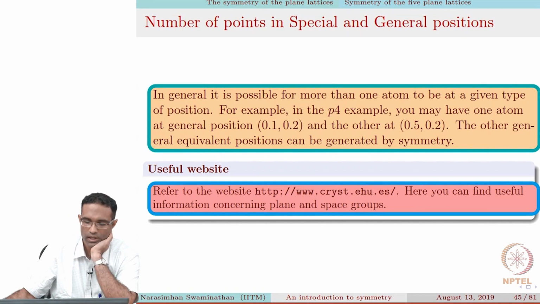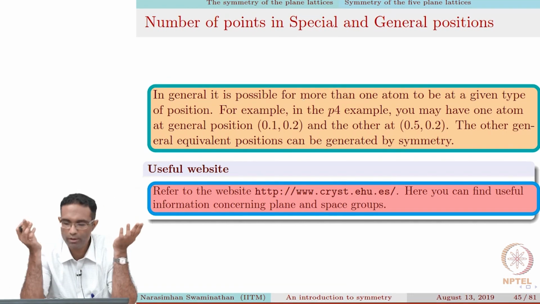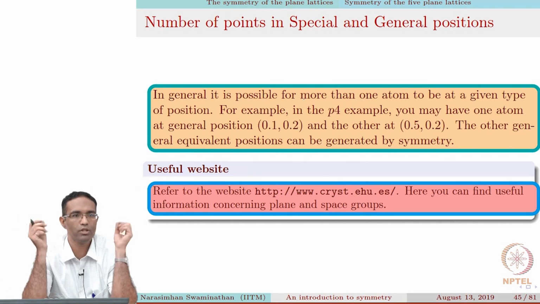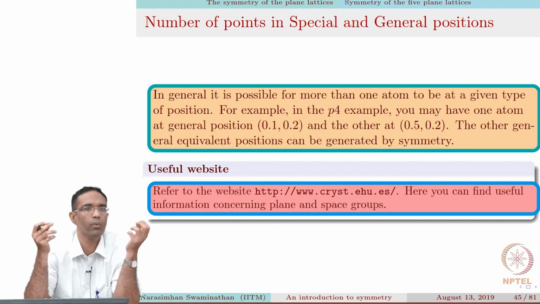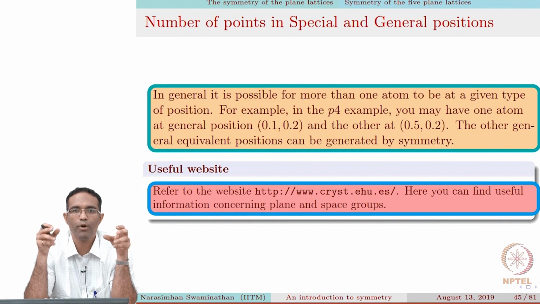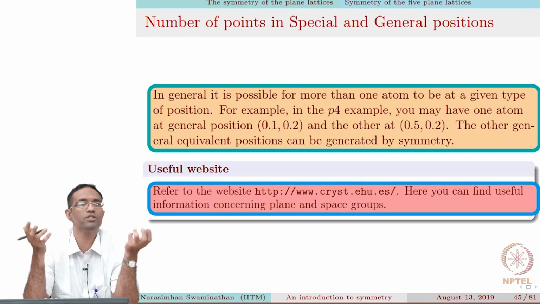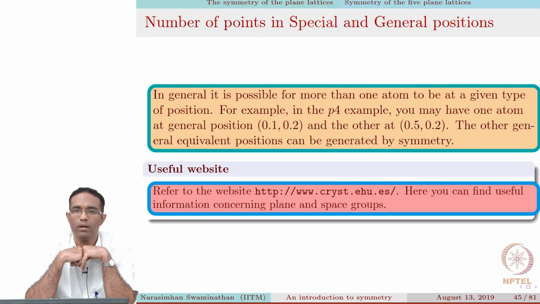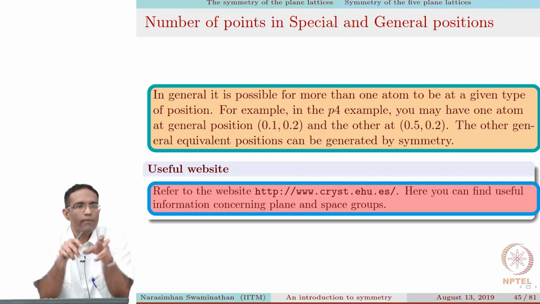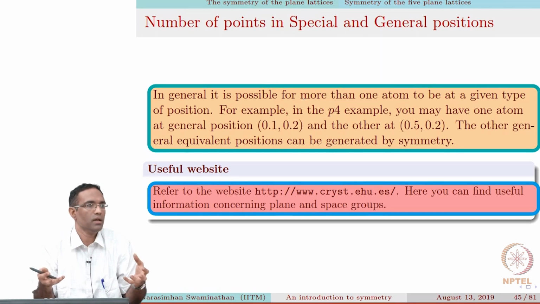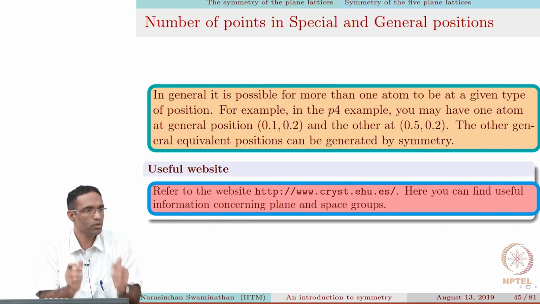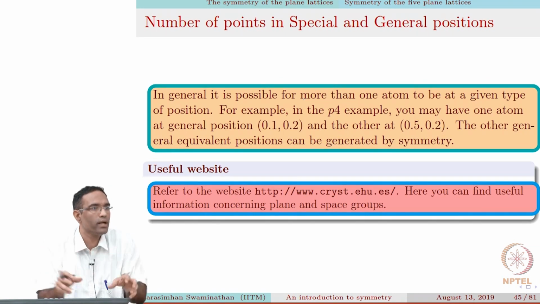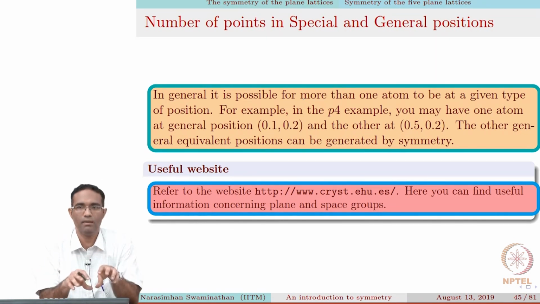So another important point is that in general it is possible for more than one atom to be located at a general point. For example, in P4 you could have one general point at 0.2, 0.3, and another general point located at 0.1, 0.2, and you have to apply all the symmetry operators appropriate for that particular plane group to that point to generate all the other points inside the unit cell.